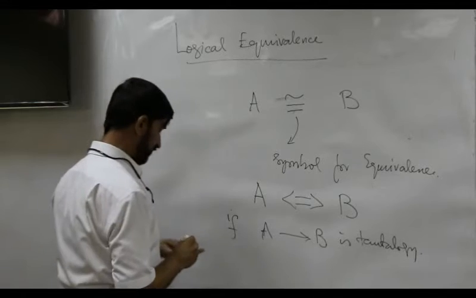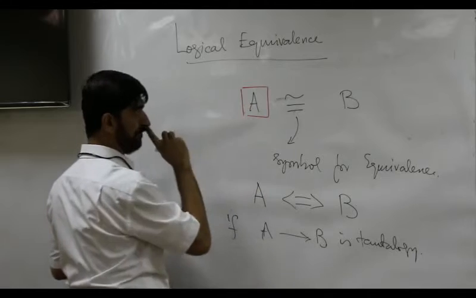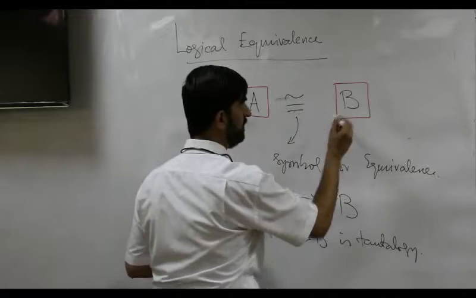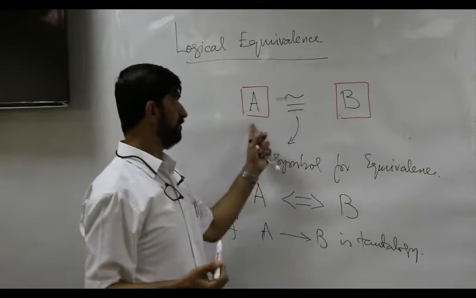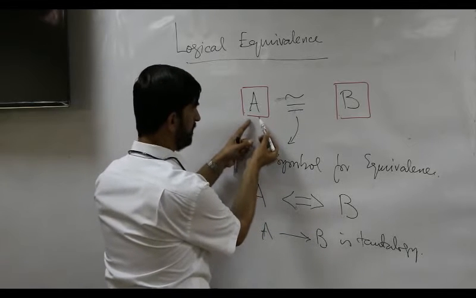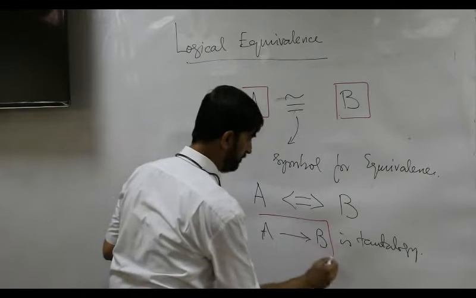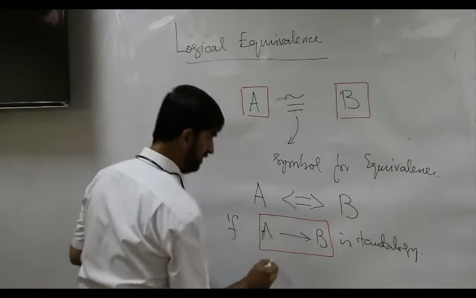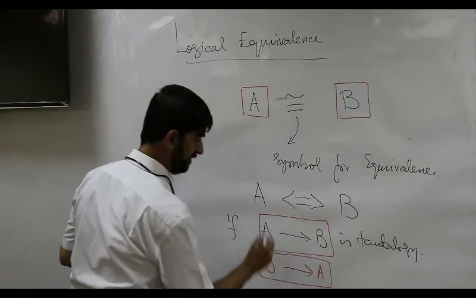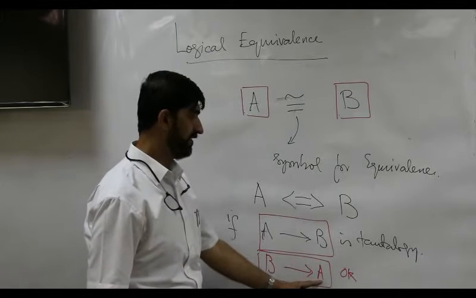It means if we have two compound propositions, one compound proposition is A and the other one is B, these two compound propositions will be equivalent if we take the implication of compound proposition A to be A implies B or B implies A.